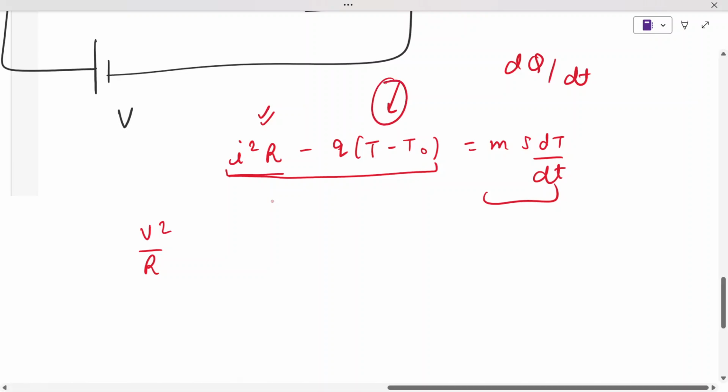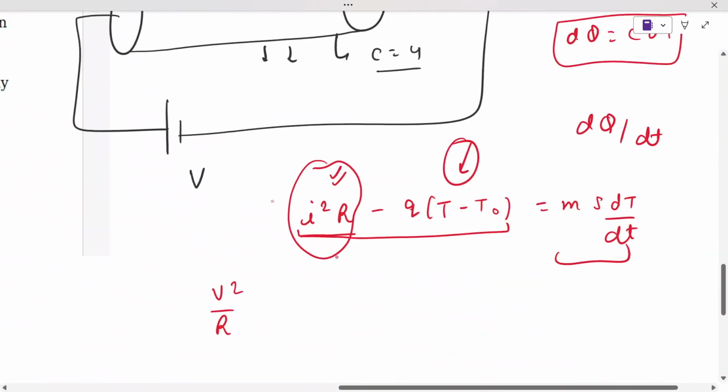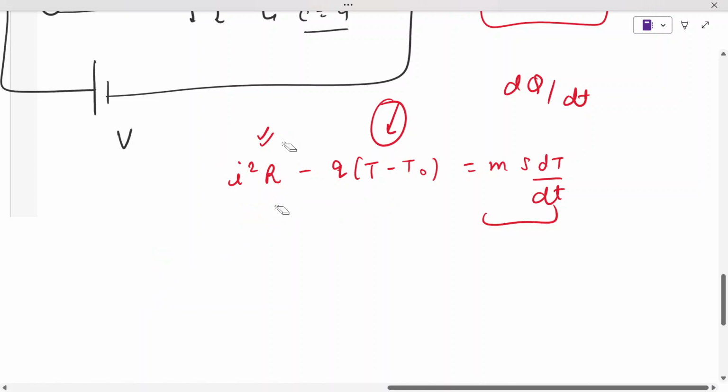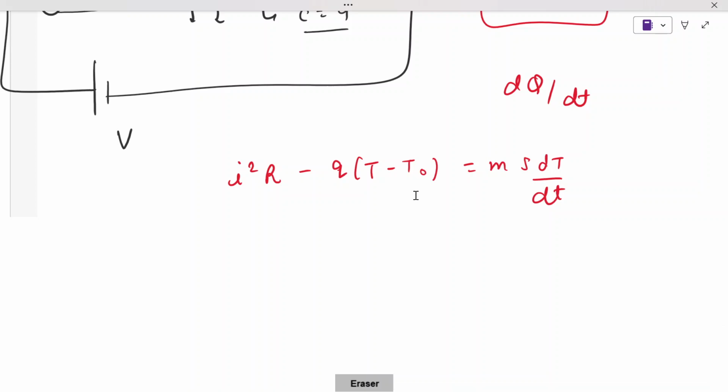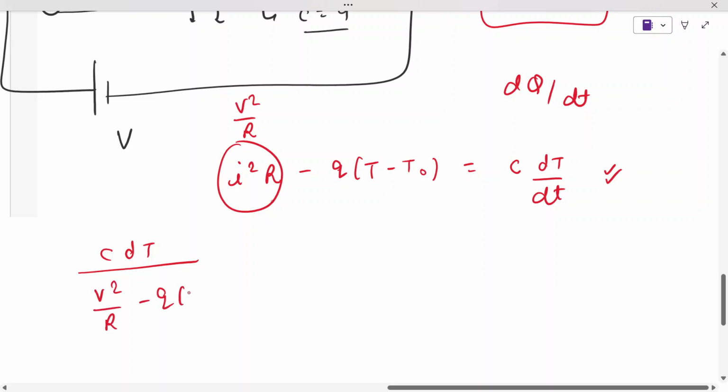C dT by dt should be positive. I should write in this equation: C dT by dt equals V square by R minus q into (T minus T naught).